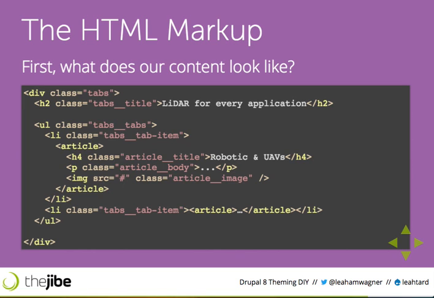Where the user inputs, let's say you have robotic and UAVs, and then your article body, we had multiple fields: an image upload field, a body, and a title.